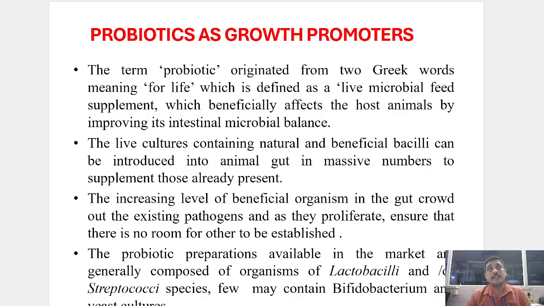These stresses and change in the diet may increase the gut pH, which in turn favors the pathogenic organisms. When we have probiotics, they decrease the pH, so the slightly basic pH is converted into acidic pH, which in turn is an inhibitory factor for the pathogenic bacteria.